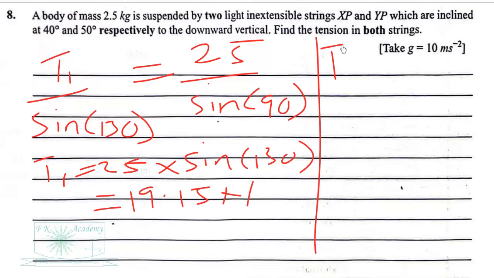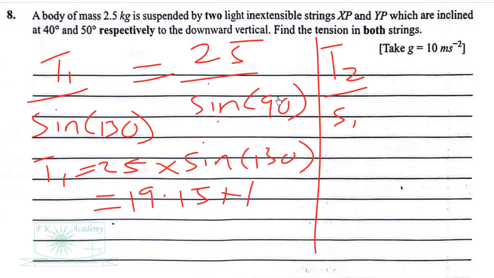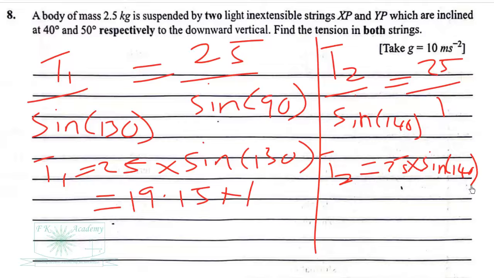Similarly, T2 over sine of 140 will be equal to 25 over sine of 90, which is 1. So T2 will be equal to 25 times sine 140, and that will be equal to 16.07 newtons. So the tensions in both strings are 19.15 newtons and 16.07 newtons.